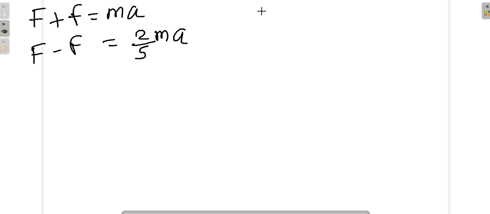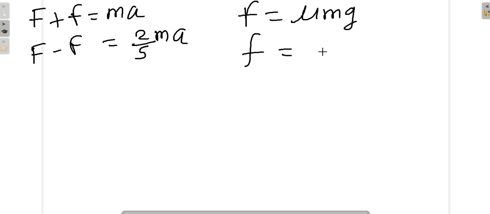Now what is f? f is mu into normal reaction. They have given mu as 2 by 7, so f is 2 by 7 times mg.